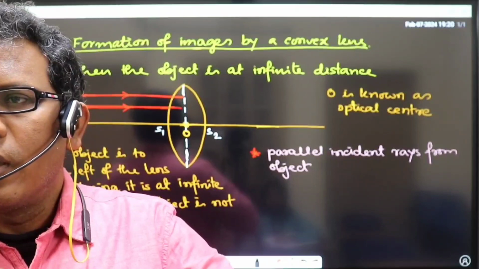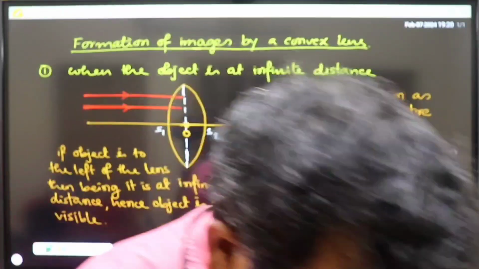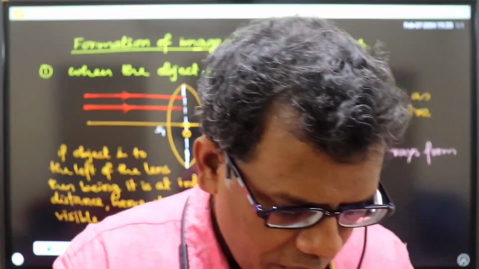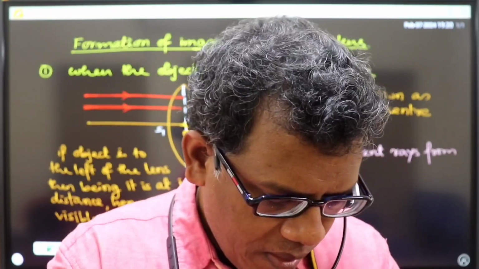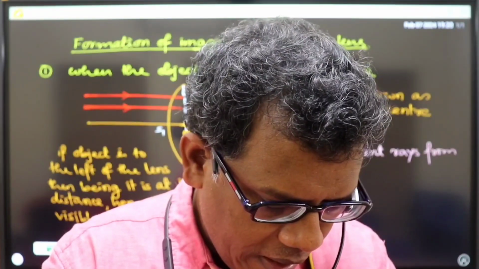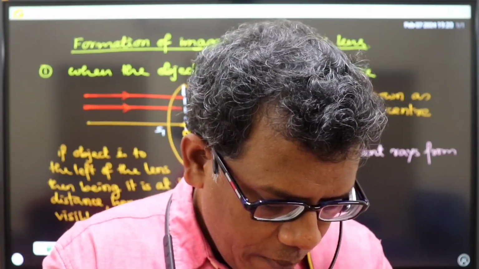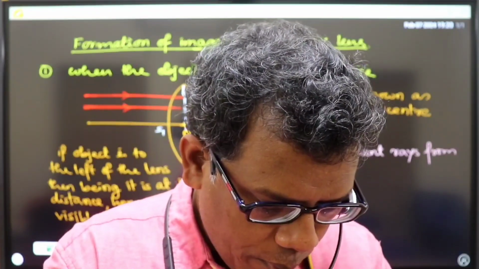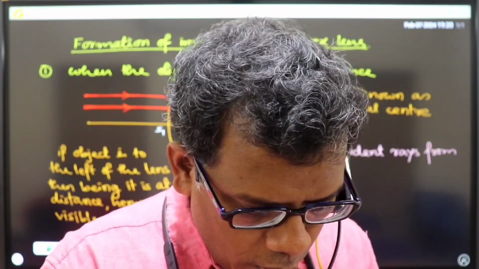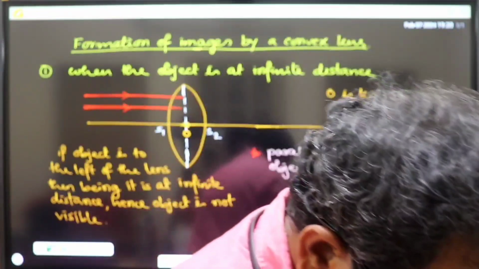Do you remember any diagram, or just turn back the pages wherever we have done any image, any picture, any drawing related to image formation, whatever we have discussed? Please check your copy. All of you check your copy.